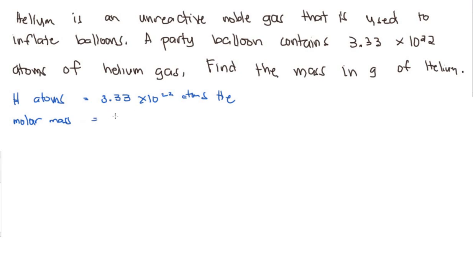The molar mass of helium is equal to 4. Okay, so we have there the AMU. The AMU of the helium is 4.003. So we have there the 4. Okay, so 4 grams per mole of helium.